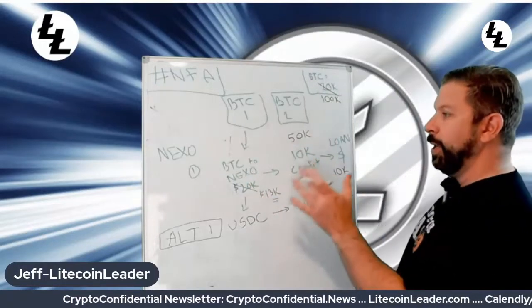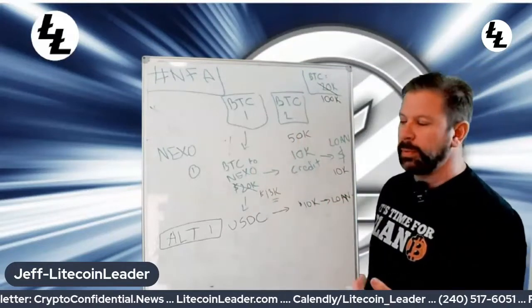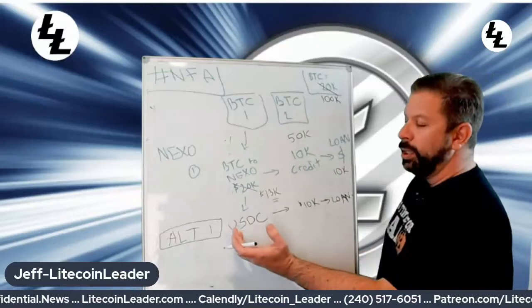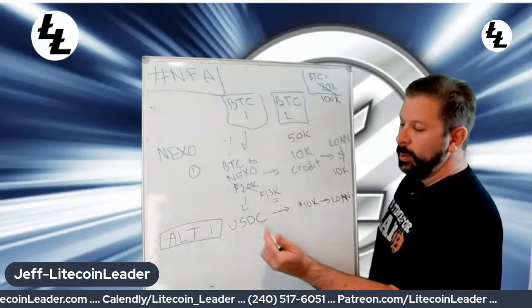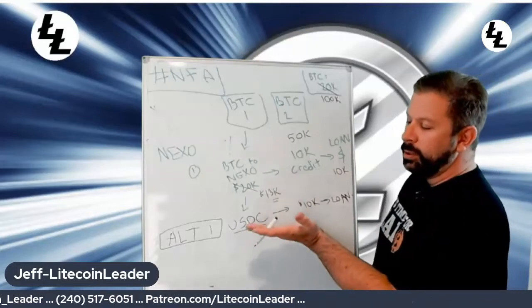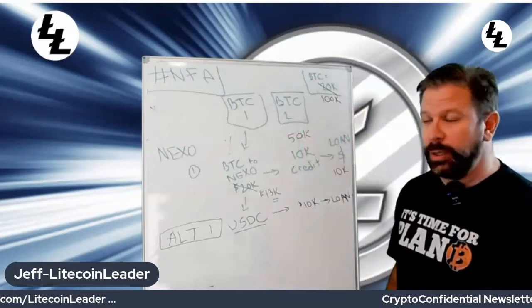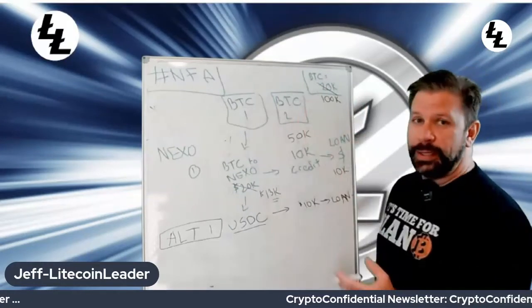Now, again, if you do that and Bitcoin goes back down, then you've got that downside risk again. In this scenario, you have no downside risk because USDC is deemed a stable coin worth $1 and you're fine. You don't get the benefit of Bitcoin going up, but when Bitcoin goes up, you're going to want to take it out anyway. So this allows you to take the Bitcoin out ahead of time.